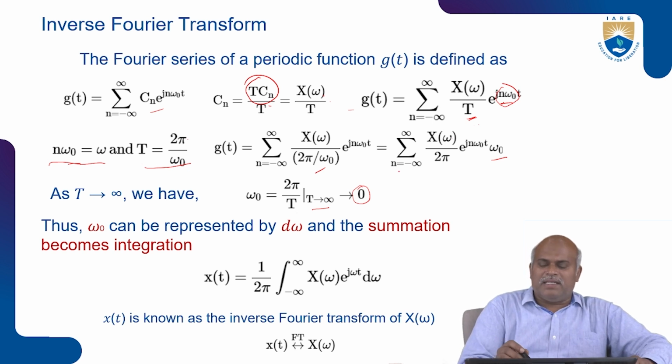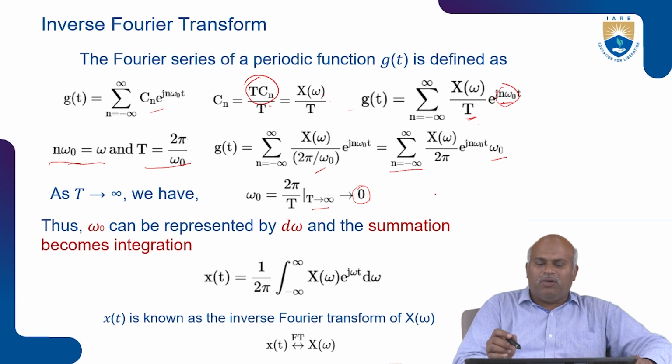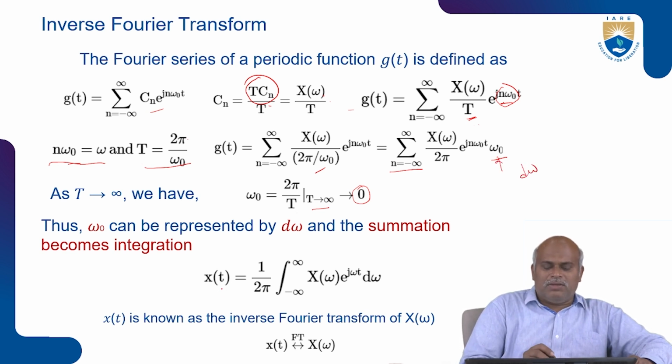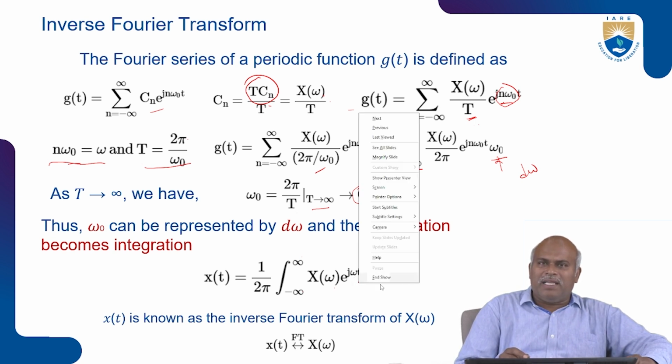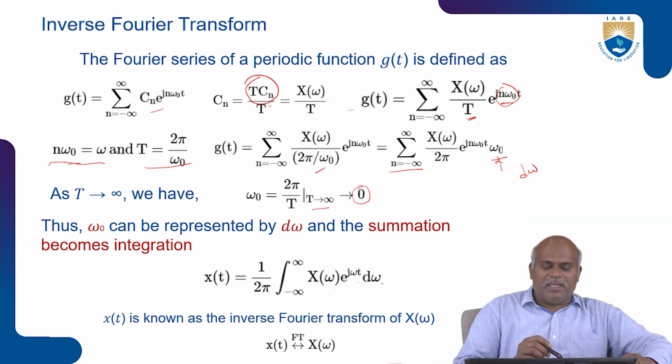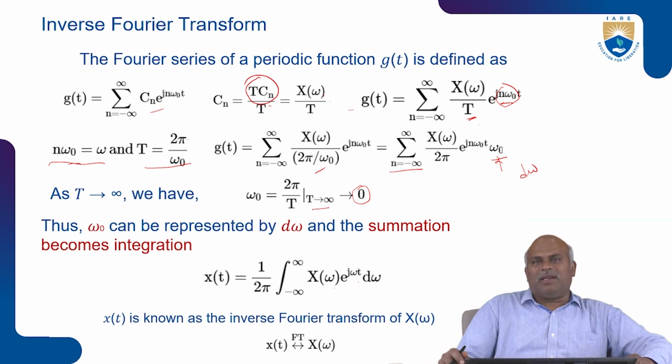So x of t is equal to 1 by 2 pi, integration from minus infinity to plus infinity of X of omega e power j omega t d of omega. This x of t is known as the inverse Fourier transform.